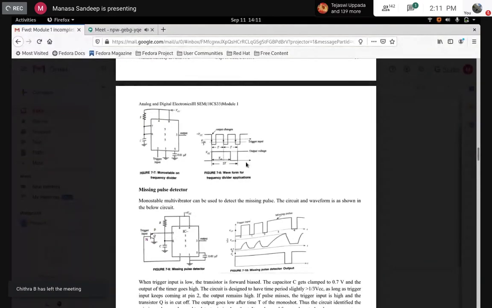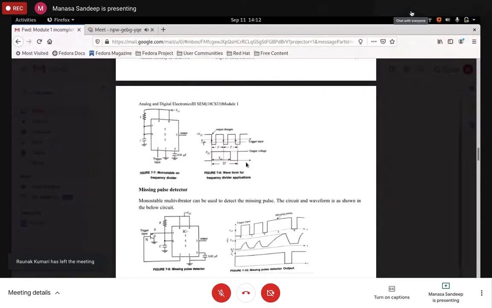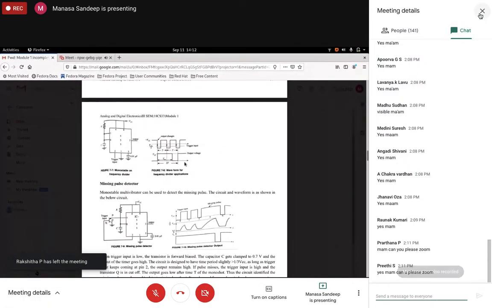So T is equal to 1 by f, or vice versa, f is equal to 1 by T. Here the time period in the first wave is T, whereas in the second output waveform the time period is 2T. So the frequency is divided, that's why the time period has increased. The frequency of the second wave will be 1 divided by 2T, whereas the time period is 2T.